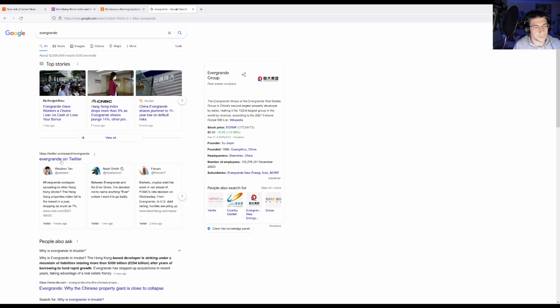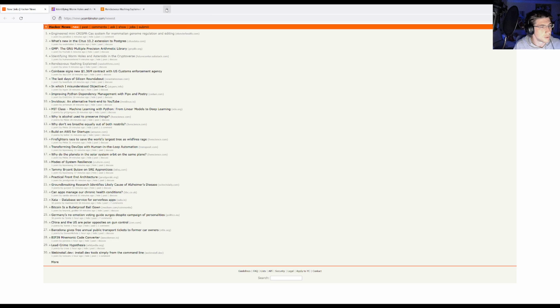So that's true. This company, a big, huge company, second largest property developer. Why sales? Wow. Oof. Interesting. Collapsed. Evergrande Group. Very interesting. Wow.